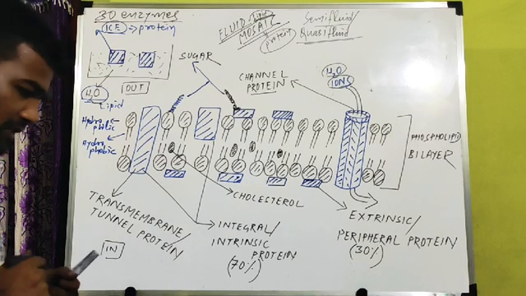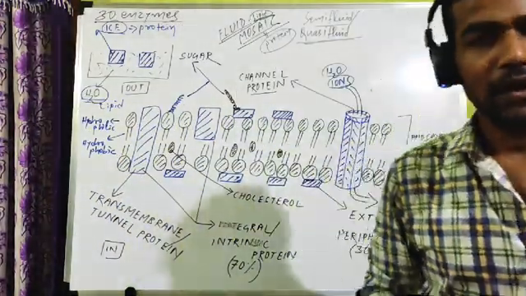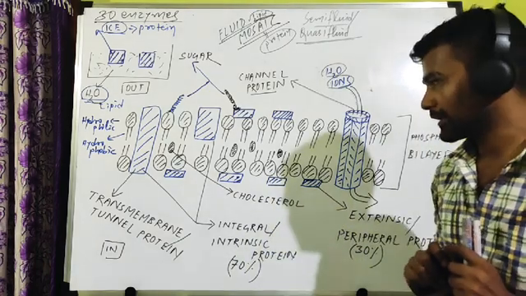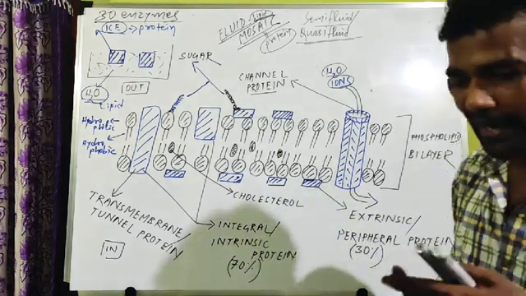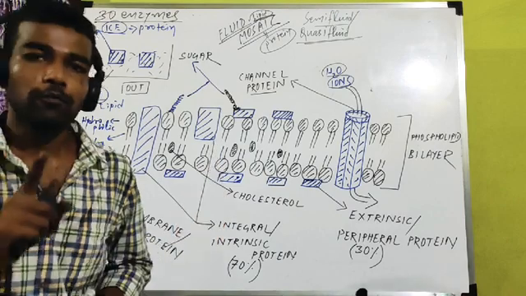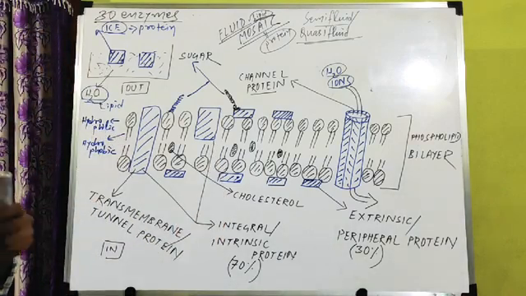Another important part we have discussed is prokaryotic and eukaryotic cells. What is the difference between prokaryotic and eukaryotic? Many differences we have completed, but there is only one similarity. If you compare a bacterium with a human cell, or with any eukaryotic cell, you find one similarity: the cell membrane. There is no change.